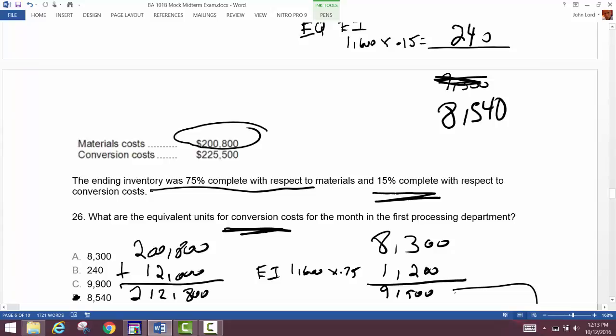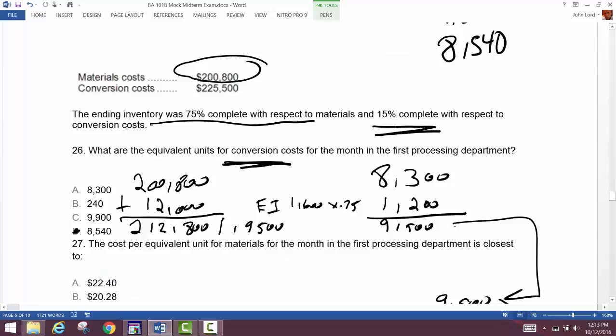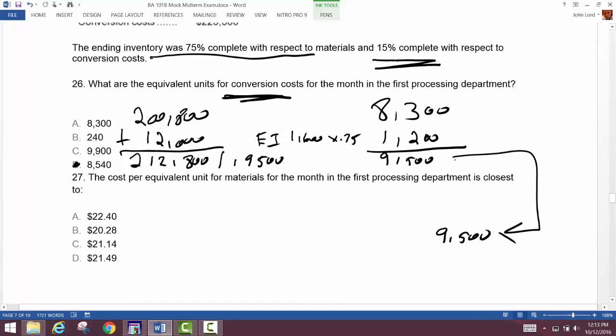And I divide that by the 9,500 units. That should give me 22.40. Okay. So again, the only thing that made this different from what we practiced with is they made us back into the ending inventory here, right? Okay.